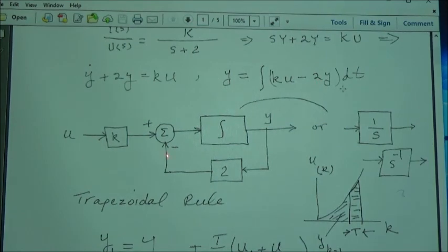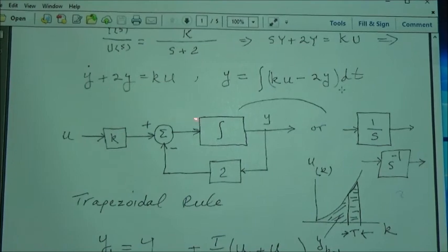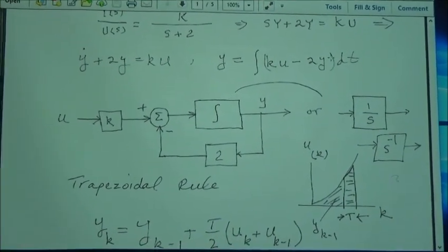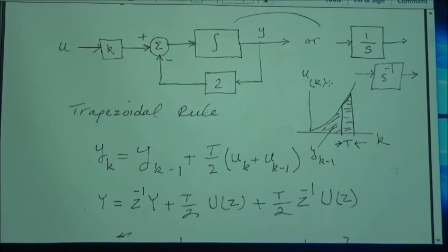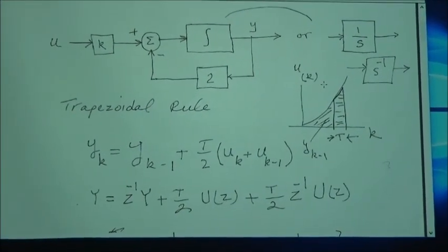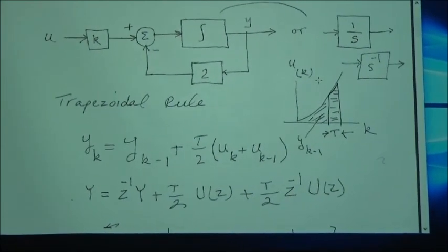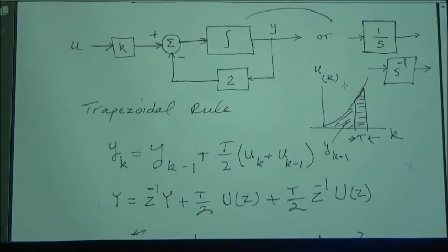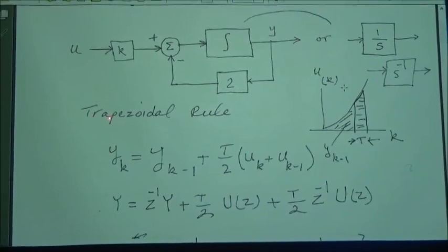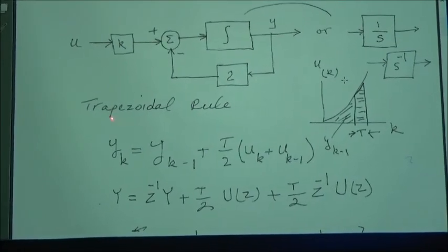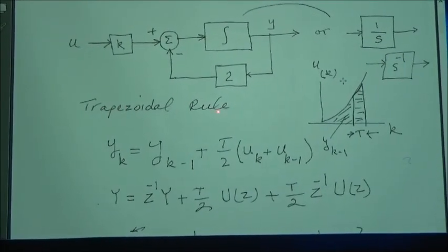So this is a typical simulation diagram for a system like this. Now, perhaps in your numerical analysis or computer simulation background, there is a rule for integrating a given function called the trapezoidal rule.